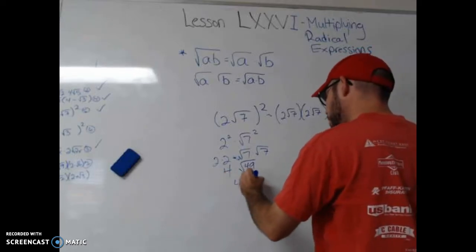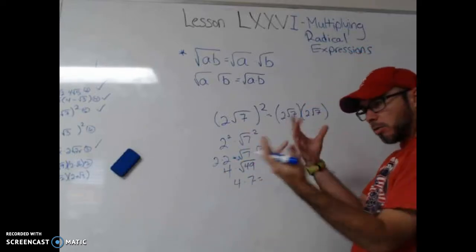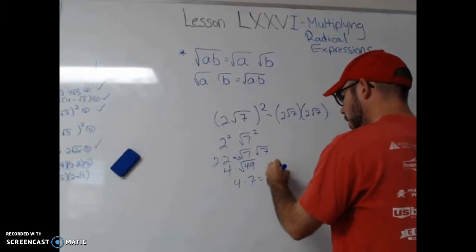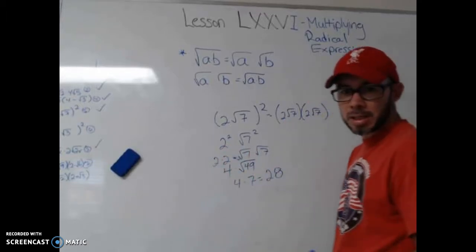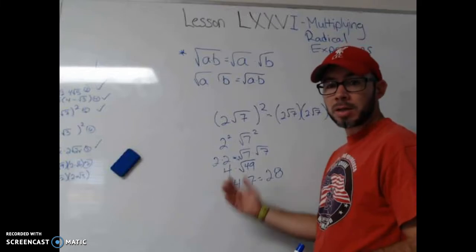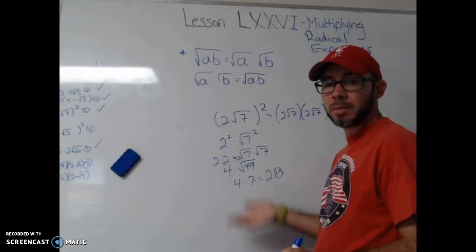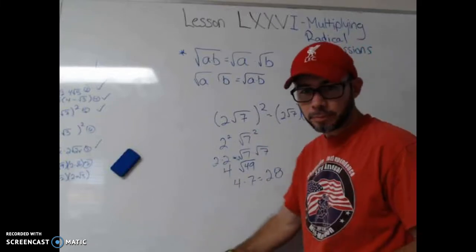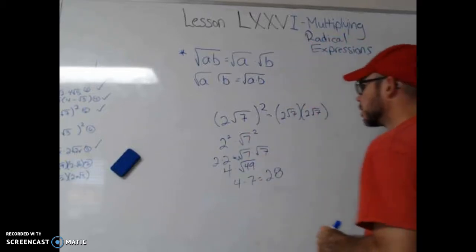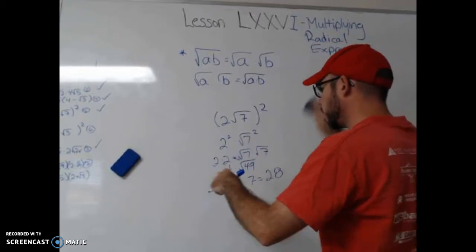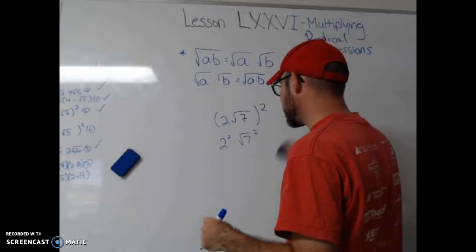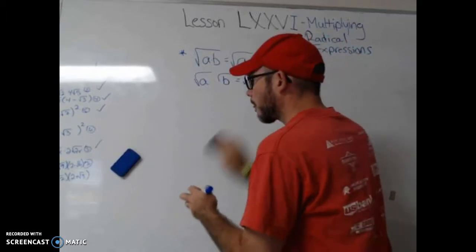So we're at 4 times 7 equals 28, and it cleans up nicely. 2 squared and square root of 7 squared is 4 times 7, which is 28. I did it the hard way. I could have just gone right here and gone, that's 4 times 7.